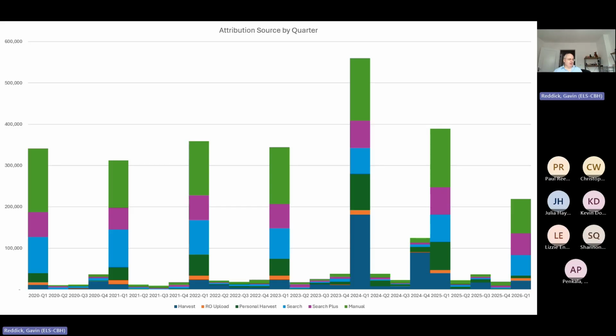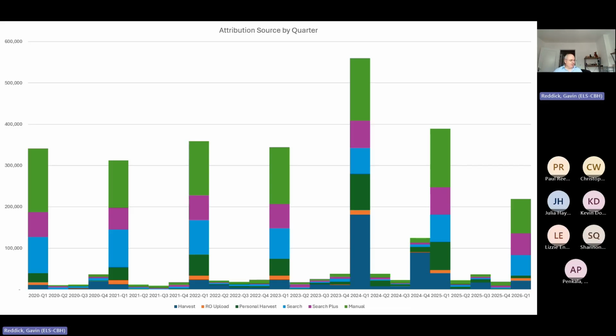Next, the purple is what we call Search Plus. So the user has leveraged some of the search integrations in ResearchFish, but has had to manually add some additional pieces of information. An example of this would be in the collaboration section, where they might be able to search and identify a collaborator that has sector information and geographic information, but they're adding some information about the particular collaboration.